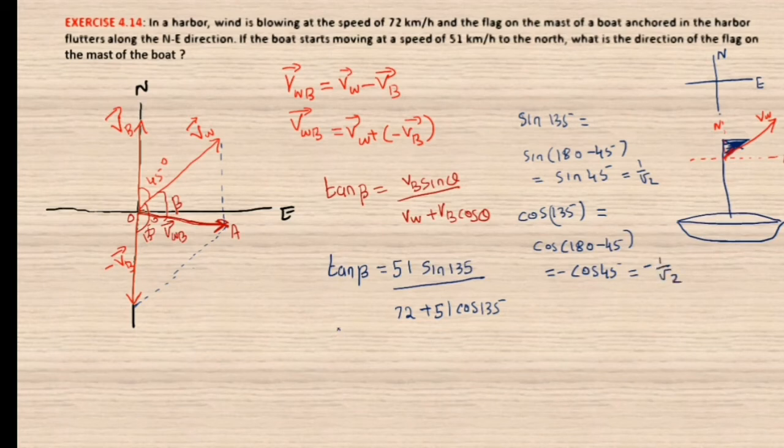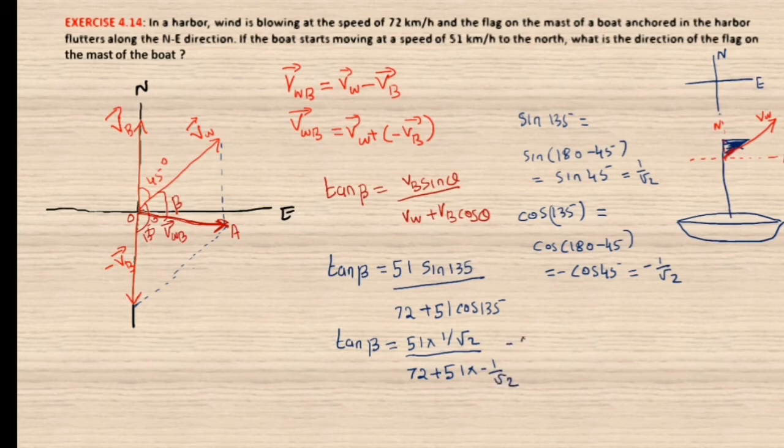So you can substitute the value here. Tan beta is equal to 51 into 1 by root 2 all divided by 72 plus 51 into cos 135, which is equal to what? Minus value, right? So minus 1 by root 2.